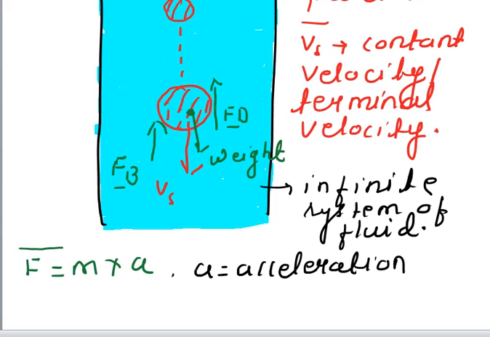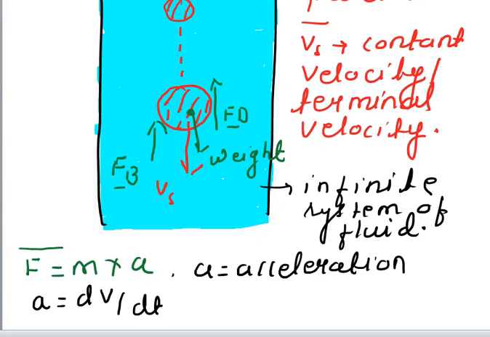We also know that in differential form, acceleration A is defined as the derivative of V, the difference between the velocities at two positions over the difference in time. This is the basic definition of acceleration.